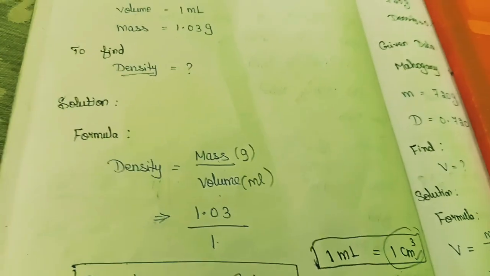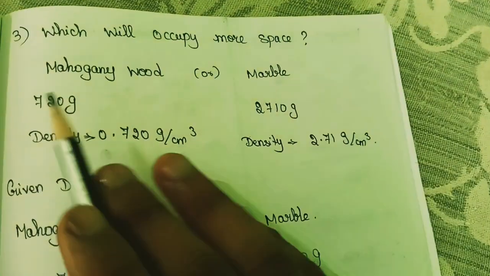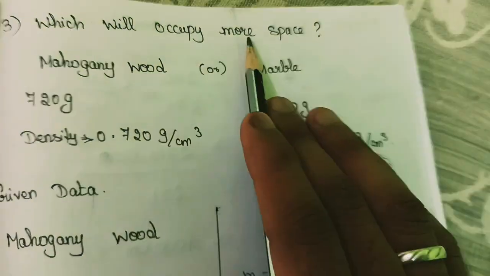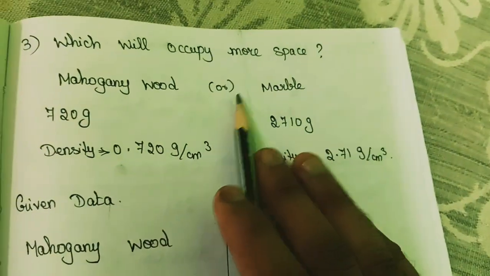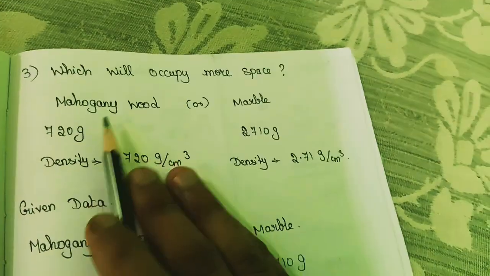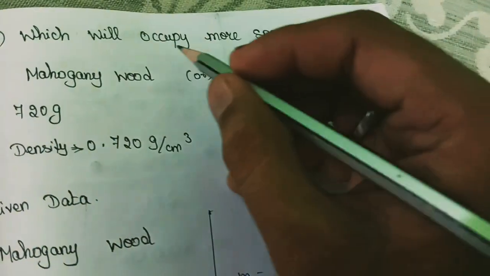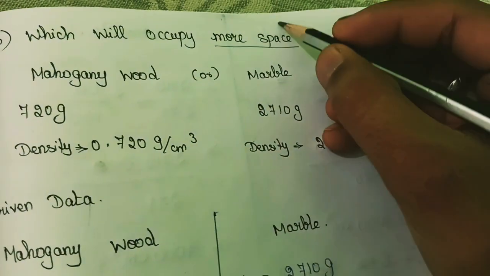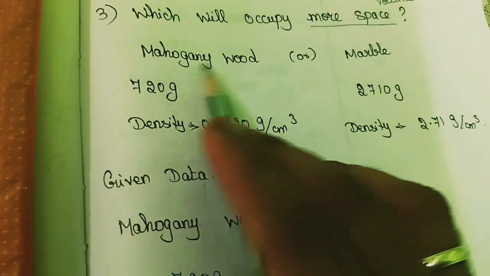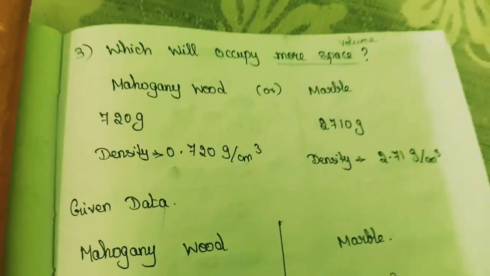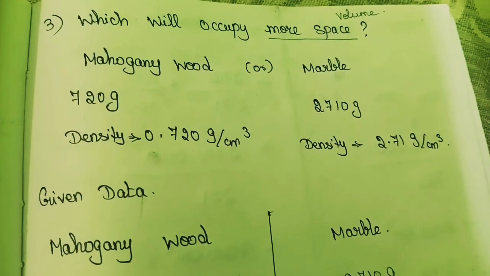Is it okay? Third sum: which will occupy more space, mahogany wood or marble? They have given 'which will occupy more space', which represents volume. Now, mahogany wood is a very strong wood which we use for furniture items.